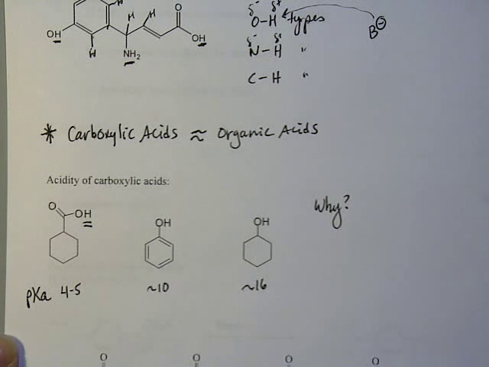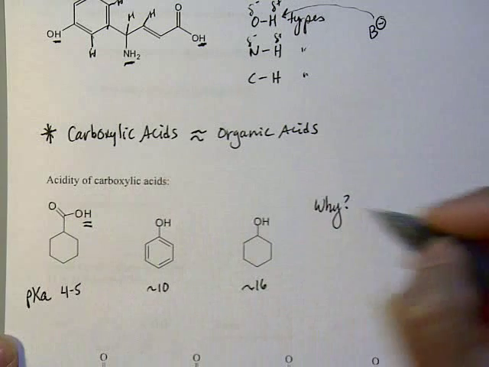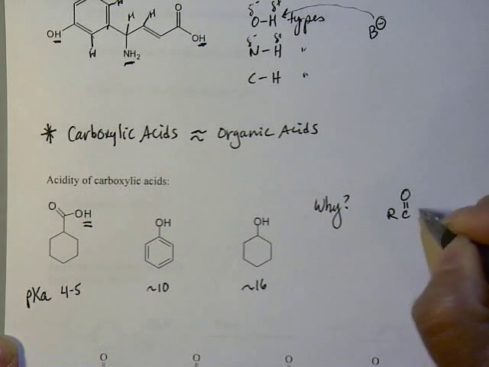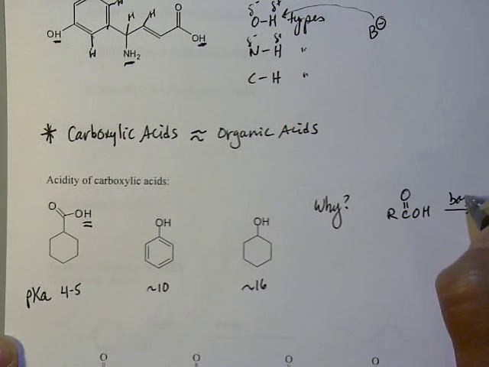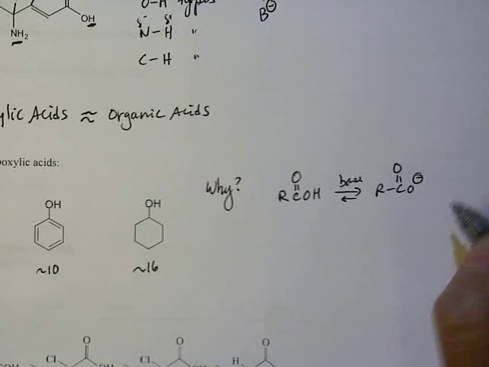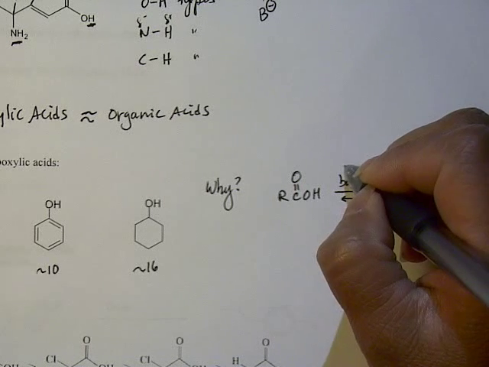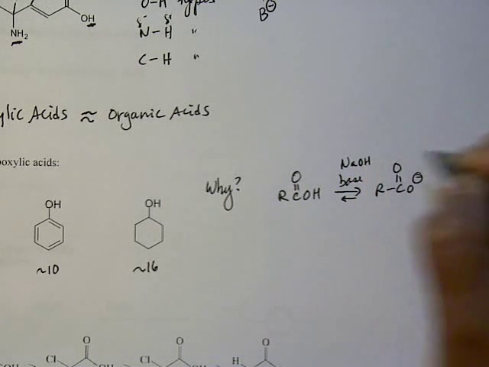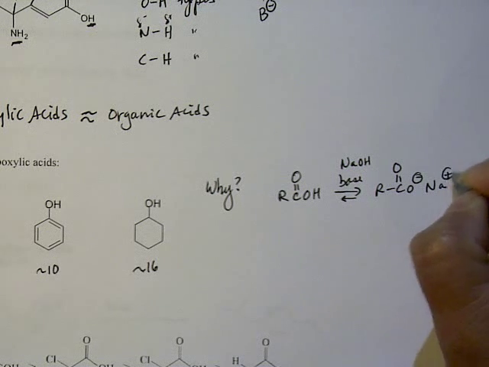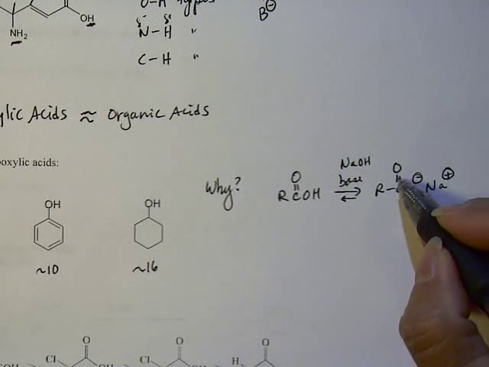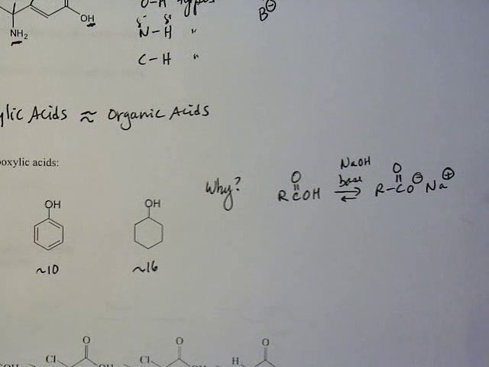The reason for this is that when a carboxylic acid loses a proton to a base, it forms a carboxylic acid salt. So let's say you react with sodium hydroxide, then it would be a sodium salt of the carboxylic acid.